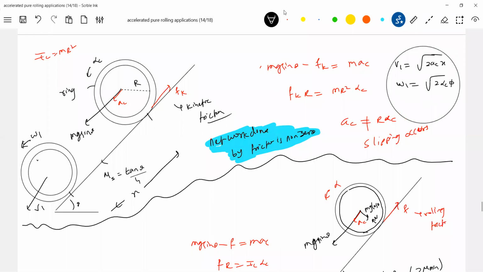You can find out. Individually calculate velocity, individually calculate the angular velocity. But you can't write V1 equal to R omega 1. V1 is in fact not equal to R omega 1. The same equations will govern here, because slipping occurs.